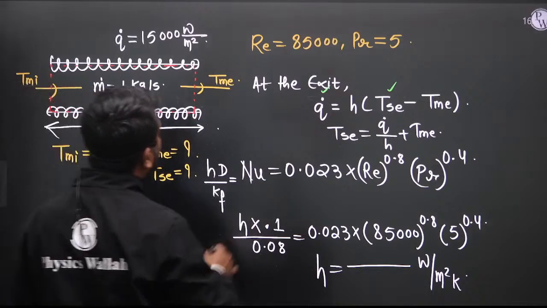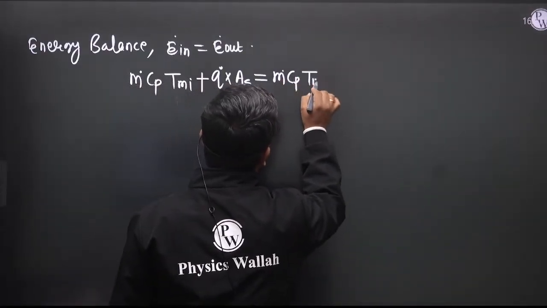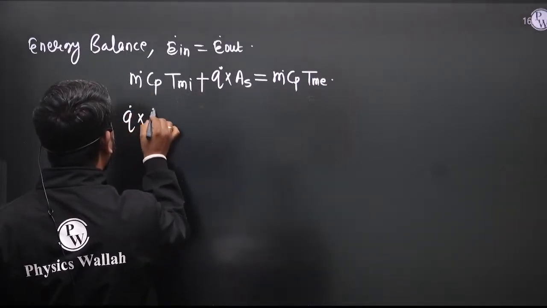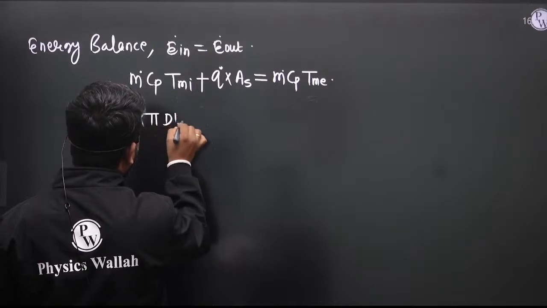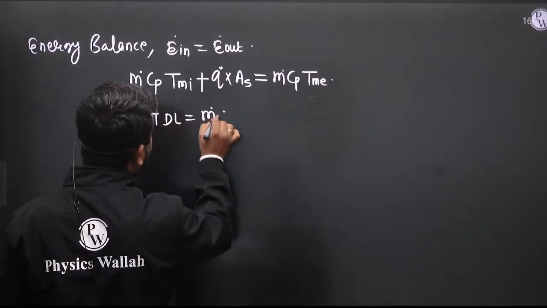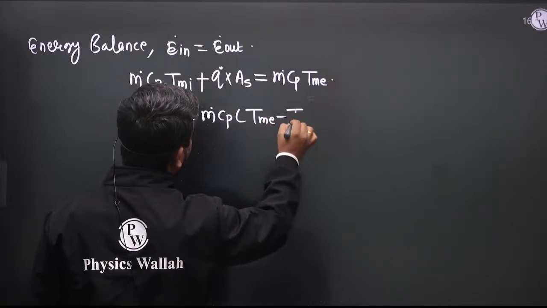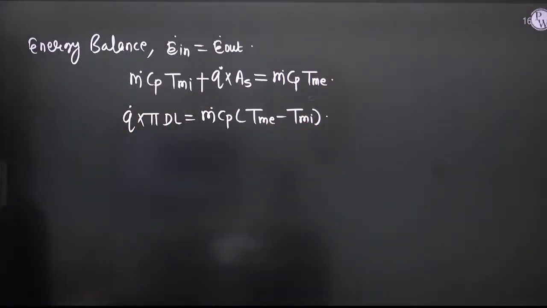The enthalpy rate out is m dot Cp Tme. So simply we can write that q dot into surface area, or simply pi into d into L, is equal to m dot Cp into Tme minus Tmi. Now can you calculate Tme from here?